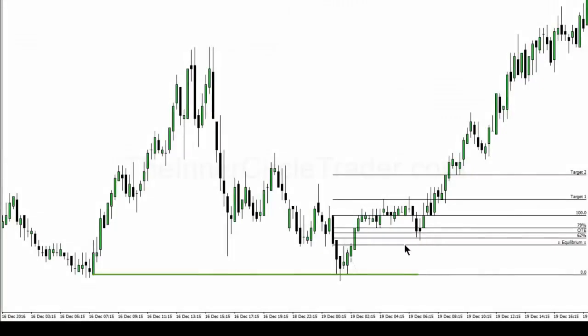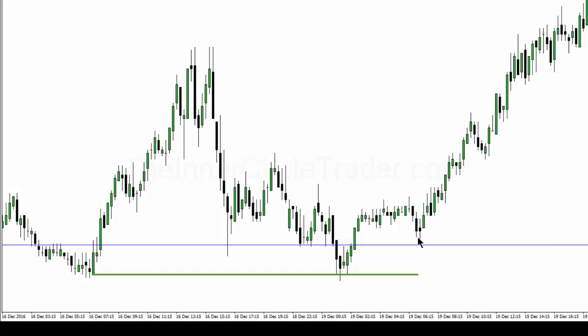We have equilibrium down here. Price trades all the way down to this level, but falls short of equilibrium. So we have a level at which price could reasonably trade down into, but it doesn't do it here. Price trades lower here and then rallies through its own three consecutive down candles. So this is an order block as well, all three candles together.